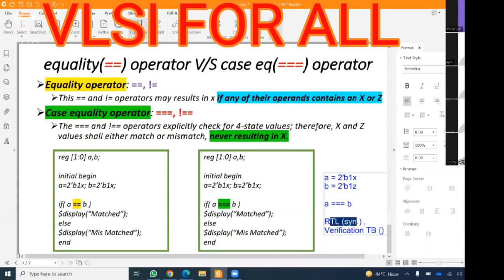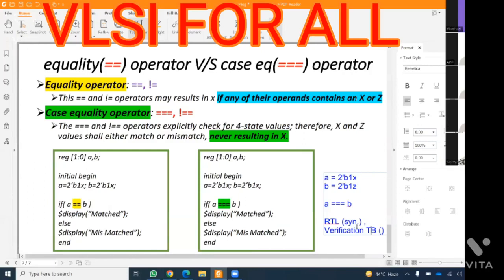All these operators we use in the test bench, just to make sure that we are not getting an unexpected value of X in the RTL. Because if we use the inequality operator in the test bench, it is never going to return that you have got X. It always returns true or false.